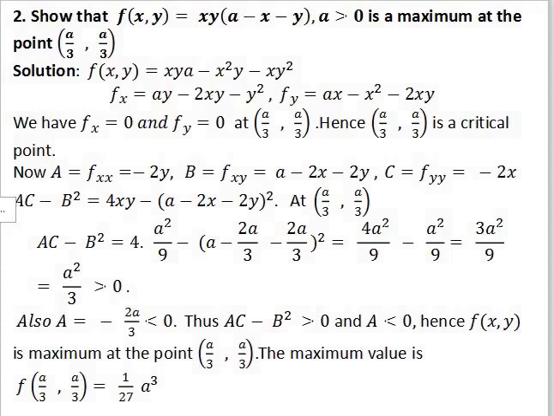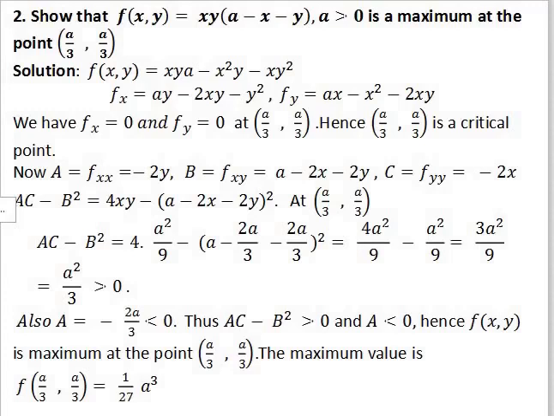Differentiate fx partially with respect to y, that is a - 2xy differentiates to -2x, y² differentiates to -2y. And C = fyy. Differentiate fy partially with respect to y, that is ax gives 0, x² is constant so 0, minus 2xy differentiated with respect to y is -2x.